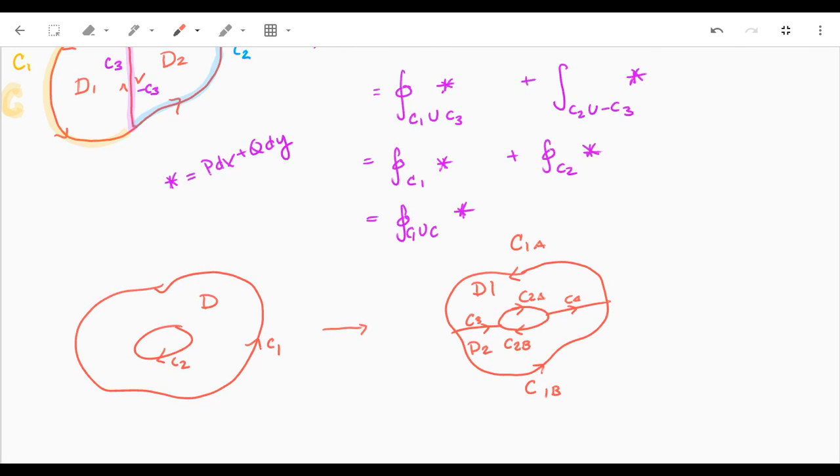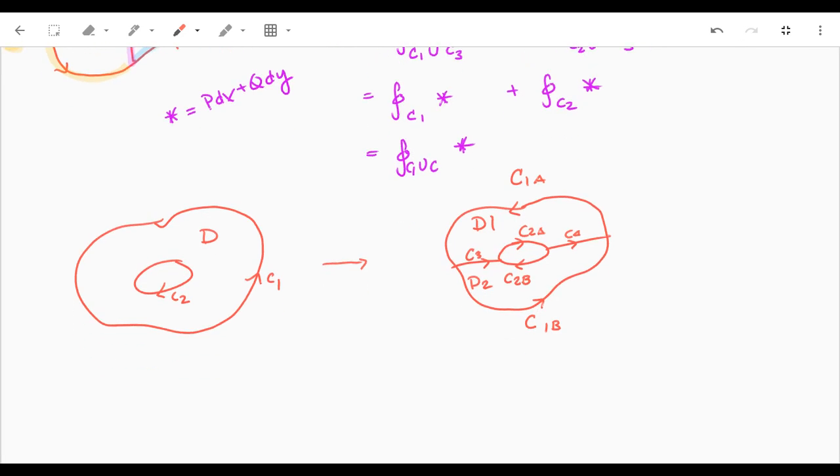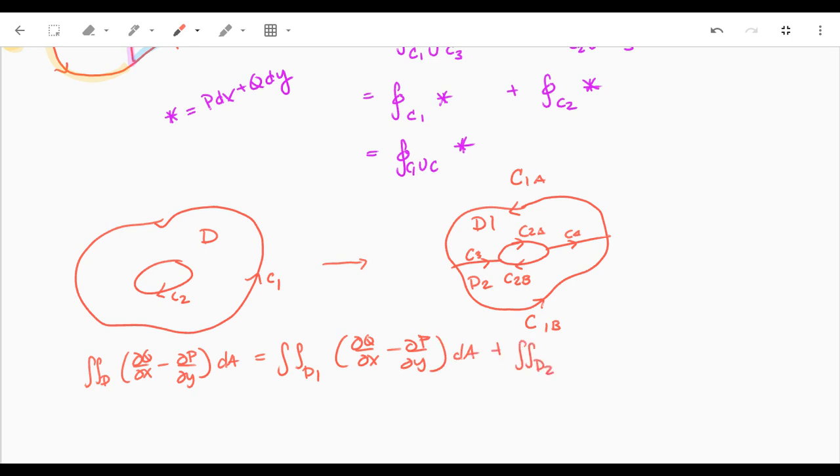So for this one then, if I wanted to do the double integral over D of dQ/dx minus dP/dy dA, I could do it over D1 plus D2, which means I can split up some line integrals here.